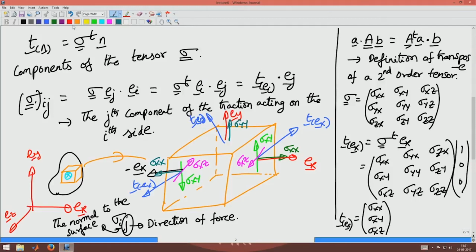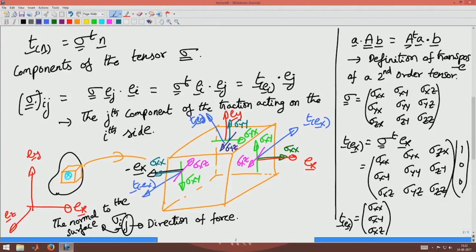The component of the traction along the x axis would be like this. It is a positive normal, the number is going to be positive and hence this direction is along the direction of the coordinate system. So, this is going to be sigma y x, right. The normal is y, it is acting along the x direction. So, it is sigma y x, and then the third component of T of E y is going to act along the z direction and hence this is sigma y z.